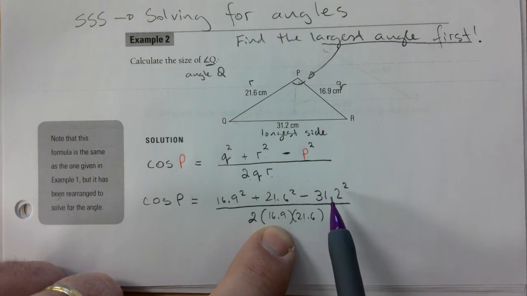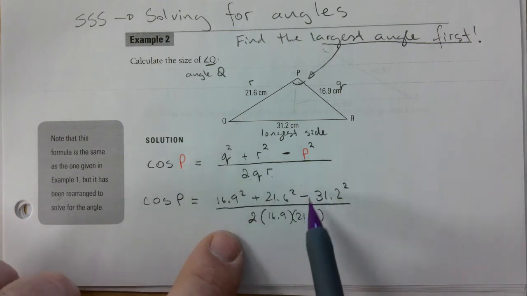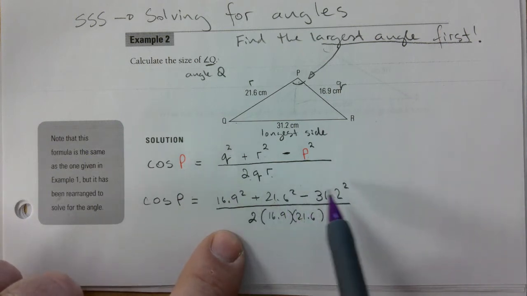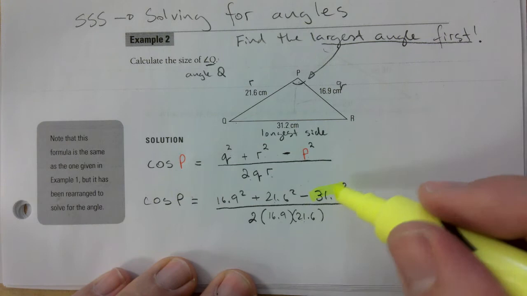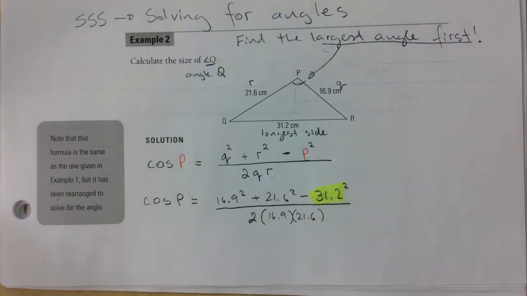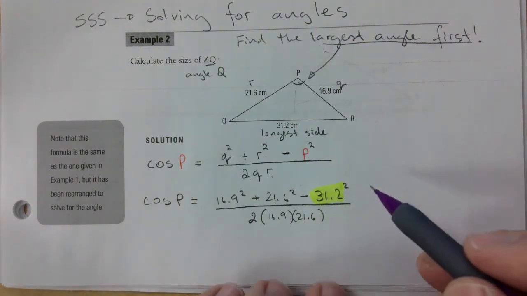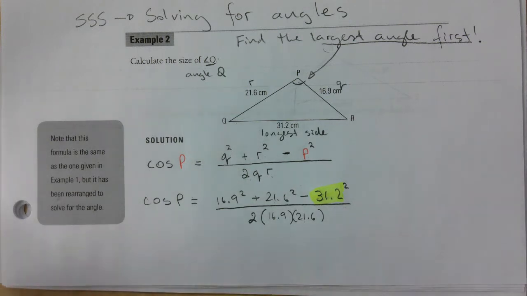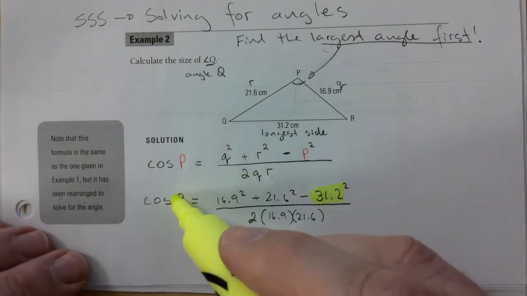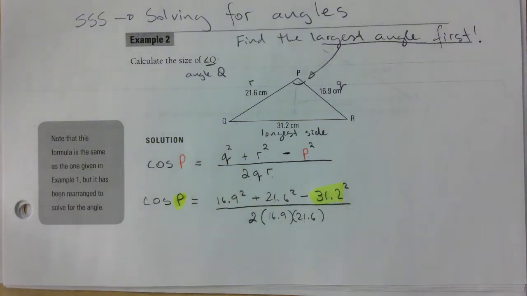This side that's across, P, is not coming back again. It's just appearing once. So I'm going to highlight that because this only appears once. That's important because we know that this side is across the angle we are looking for. Okay, so that's the important thing.